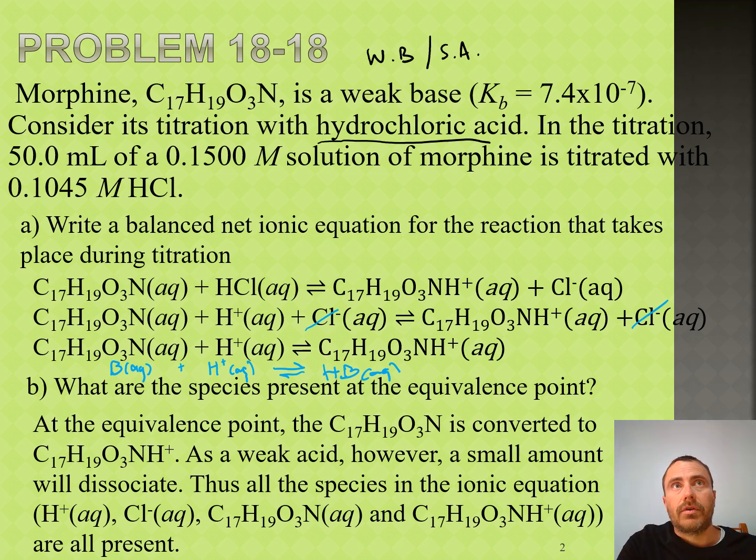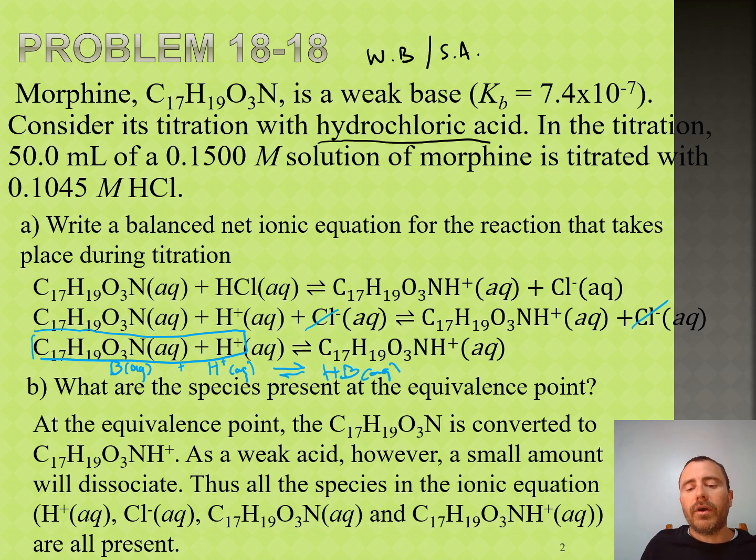Now you would think, okay, at the equivalence point, all of the morphine has been used up, because we have an equal number of moles of morphine and acid reacting together. So if you say 1 mole of each, if you subtract 1 mole from 1 mole, you're going to get 0, so you'd think none of that is left.